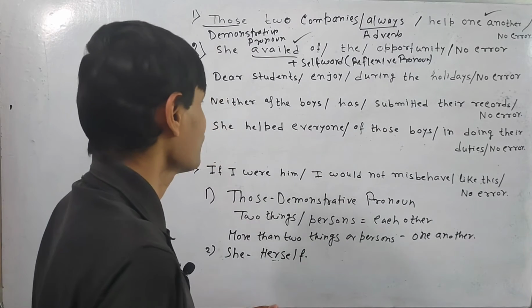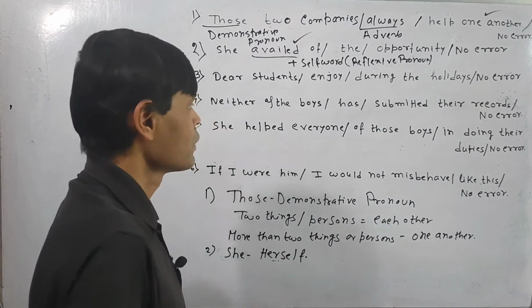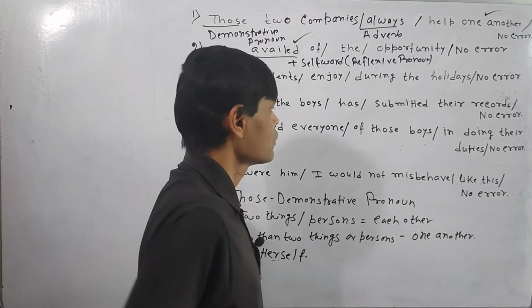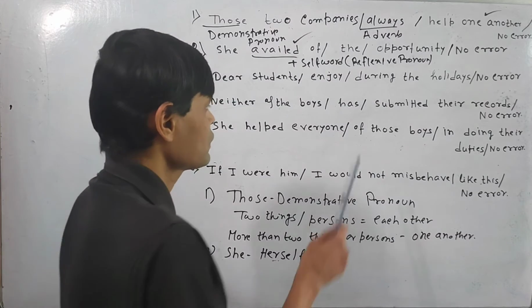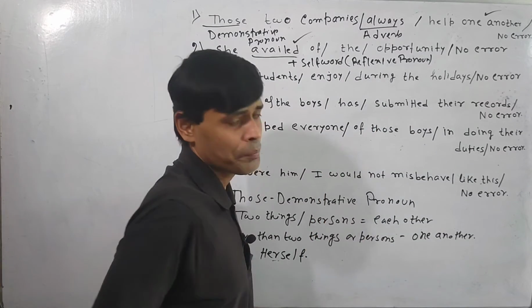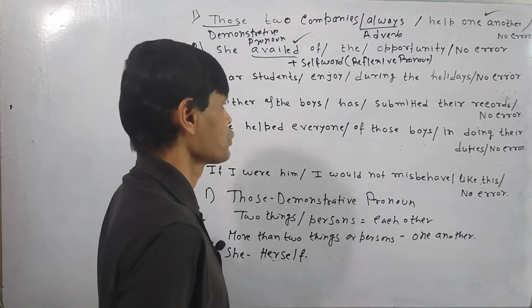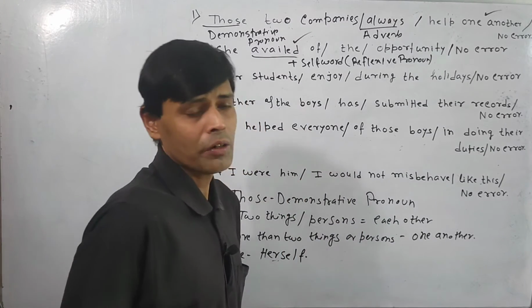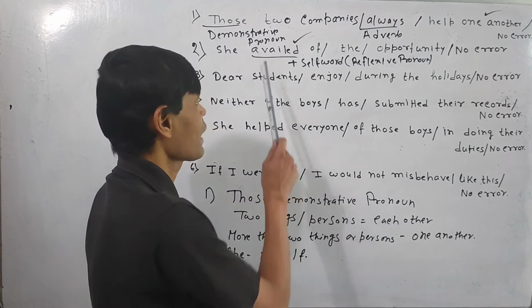Now if I just go for the next question, dear students, it's a vocative case. Enjoy during the holidays. This is called the preposition, participial preposition, not the hardcore preposition, but the participial preposition. Enjoy is called the verb. Now in case of enjoy, the case is same with the word avail.